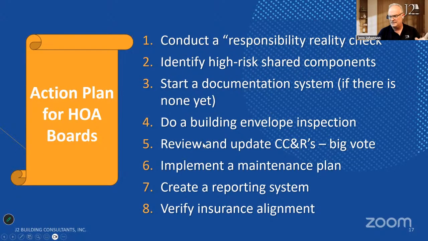Okay, so then review and update CC&Rs. This is a big vote. Everybody thinks, well, we can just update our CC&Rs. So the vote level to change can range from 67 to 90%, depending upon what you're changing. This vote is usually an all yes, it is not a negative vote.